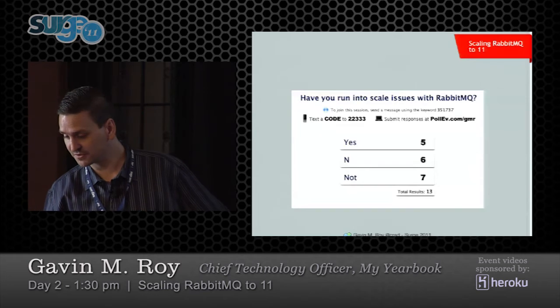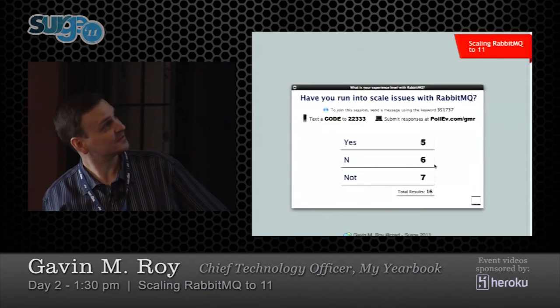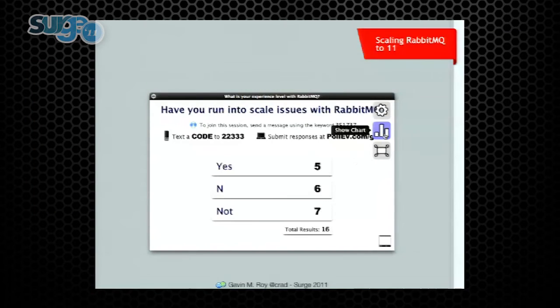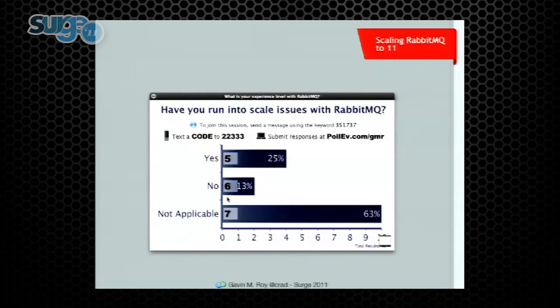We've got 13 results. That's probably in line, right? So lots of non-applicables there, right? So yes, scaling issues. Cool.